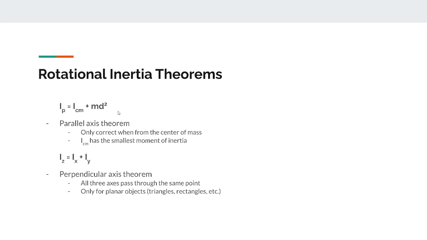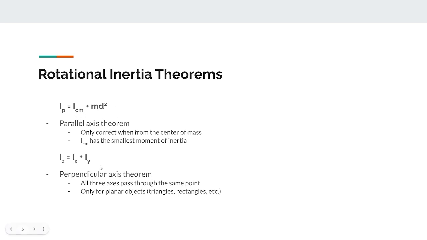The reason we say this is because the moment of inertia at the center of mass is the smallest moment of inertia for an object. And remember that this is only correct when we start from the center of mass. If we take another measurement and try to apply the parallel axis theorem, it's not going to work like this.